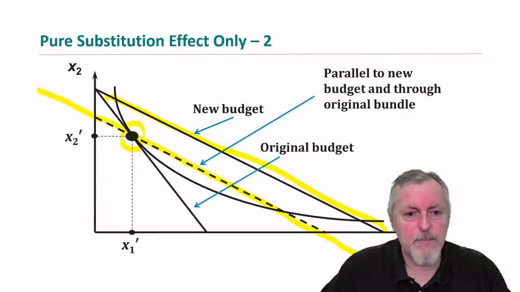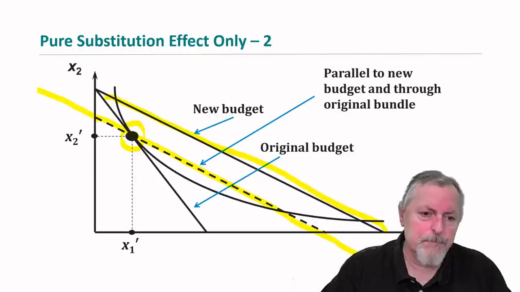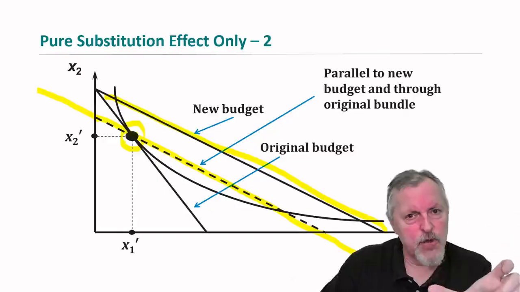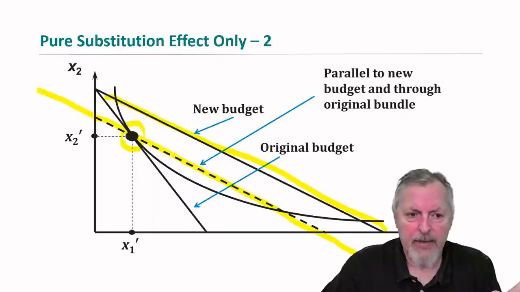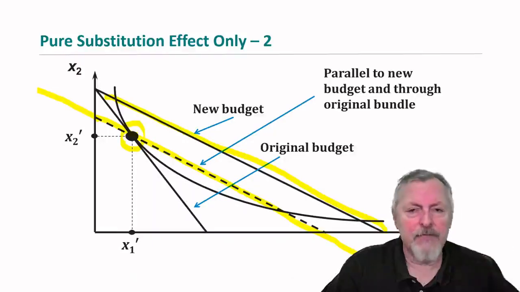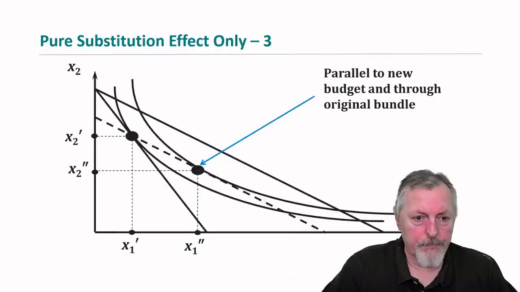You don't have a bigger, in a sense, income. So you preserve the slope, the relative price change, but you pull it back in to take back out the effective increase in income. Okay.